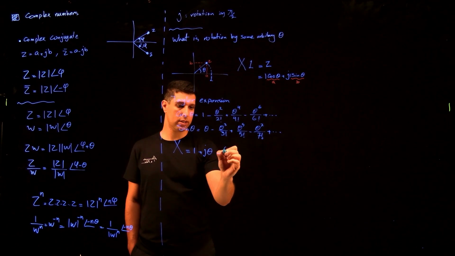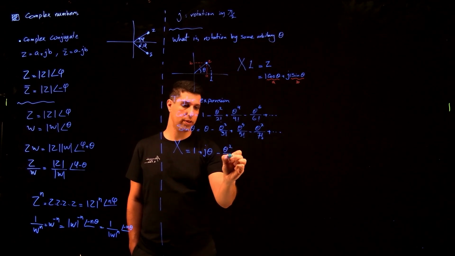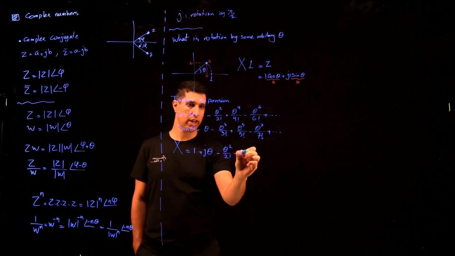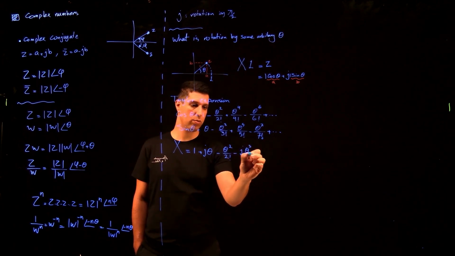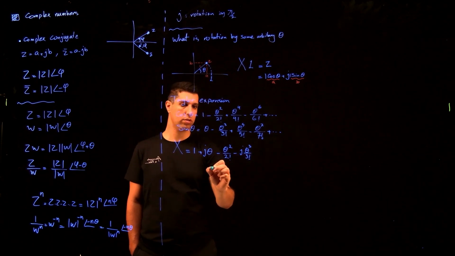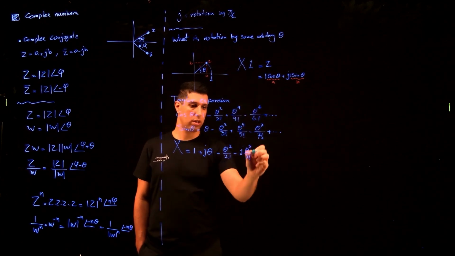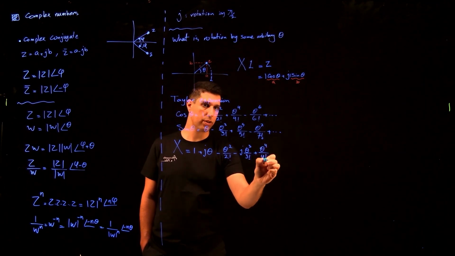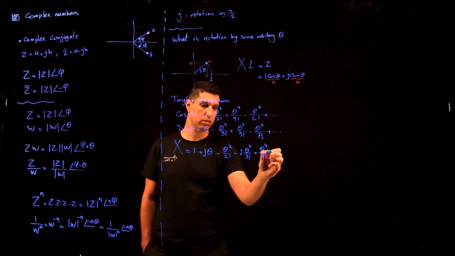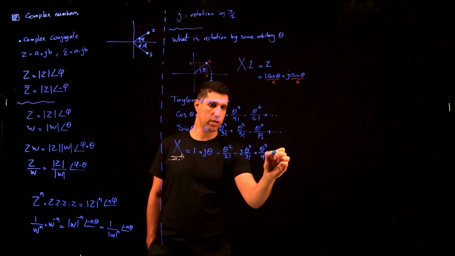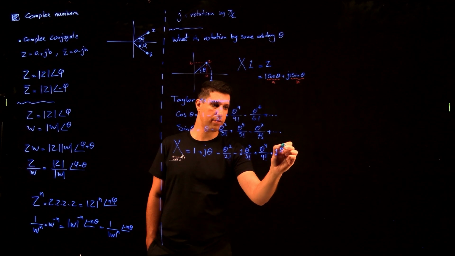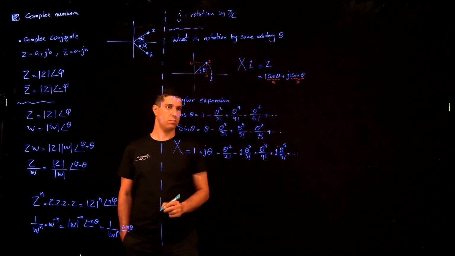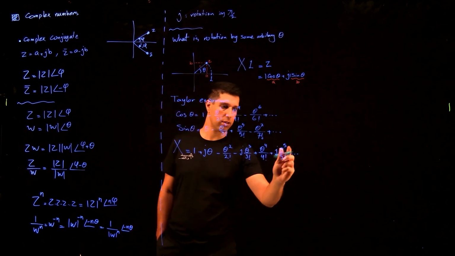So this minus theta squared over 2 factorial minus j theta 3 over 3 factorial. And the next one, 4 doesn't have a j, theta 4 over 4 factorial. You get the gist of it. Plus j theta 5 over 5 factorial and dot dot dot.